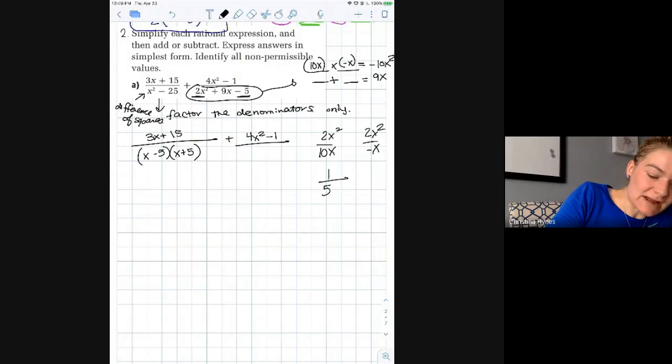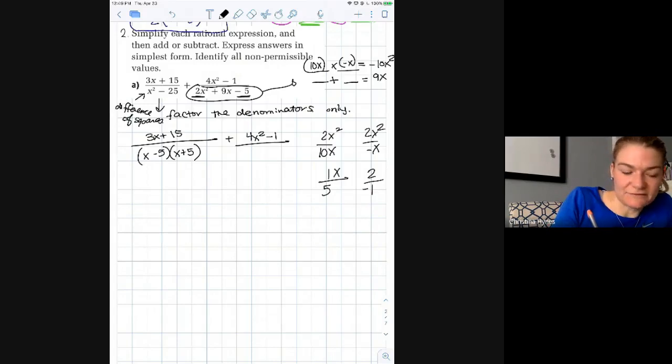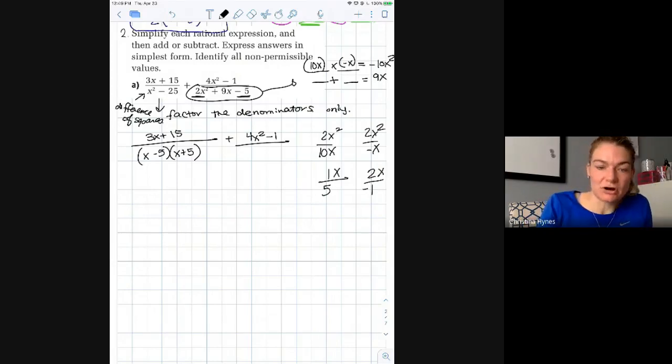And x squared over x simplifies to x at the top, because an x crosses off from the top and bottom. The 2 and the negative 1 don't simplify any further, so you can leave them as they are. So those are our factors.